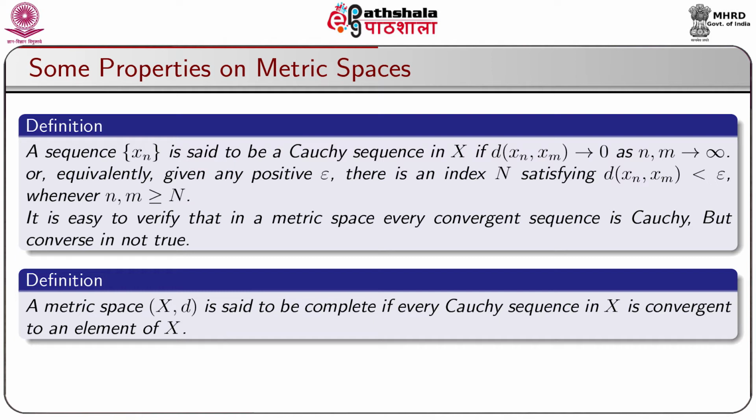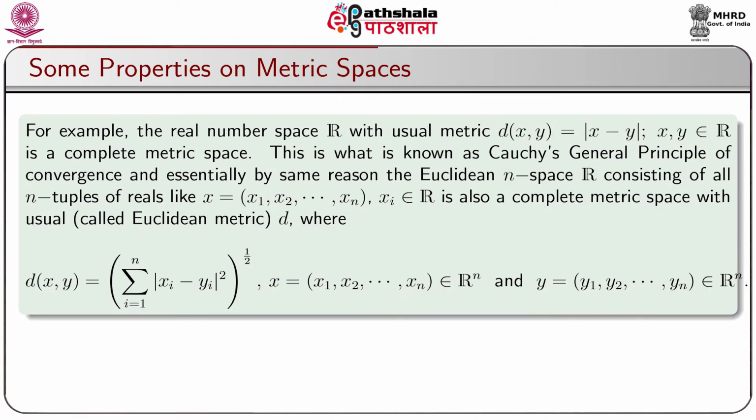Next definition, a metric space (X, d) is said to be complete if every Cauchy sequence in X converges to an element of X. For example, the real number space R with the usual metric d(x, y) equal to modulus of x minus y, where x, y belong to R, is a complete metric space.